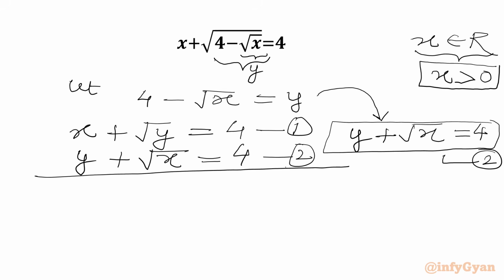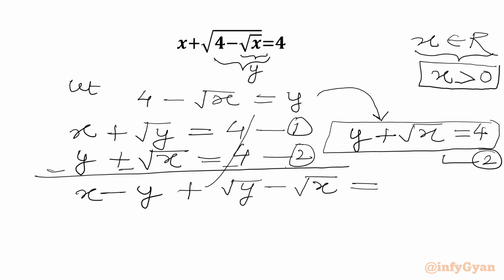Now we are going to perform operation 1 minus 2. So here we will change the sign. Plus 4 and minus 4 will be over. I will get x minus y plus square root y minus square root x equal to 0.